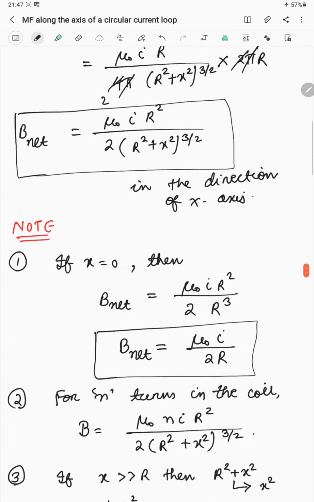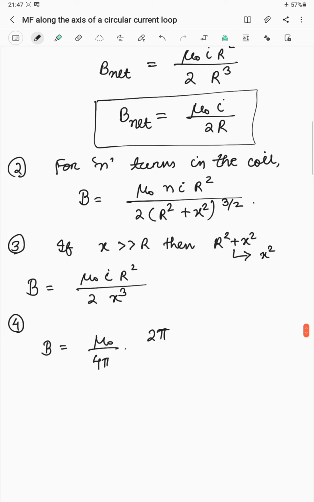Okay, then I can keep here mu naught by 4 pi, 2 pi N I, N for number of turns, I, now r square divided by r square plus x square to the power 3 by 2. So I will take the help of this expression in order to find out the magnetic dipole moment.